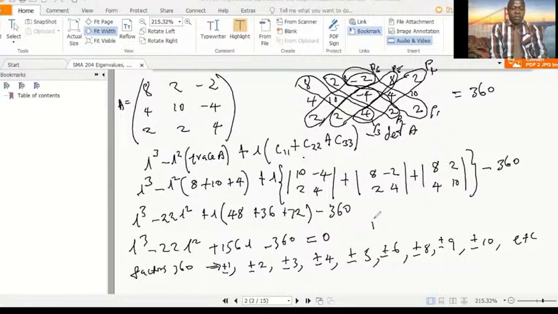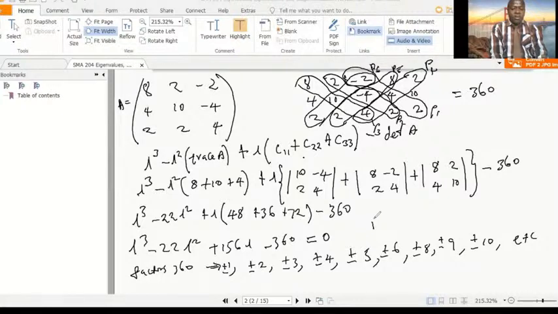So that means that 6 is a root to this equation. It is a solution. So let's now proceed and find the other roots.